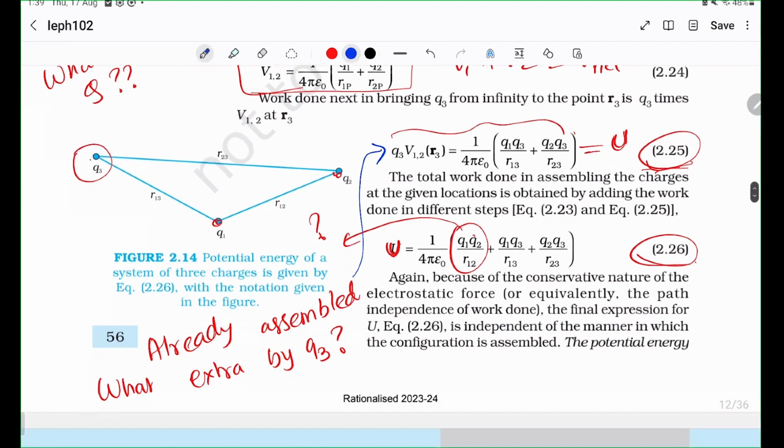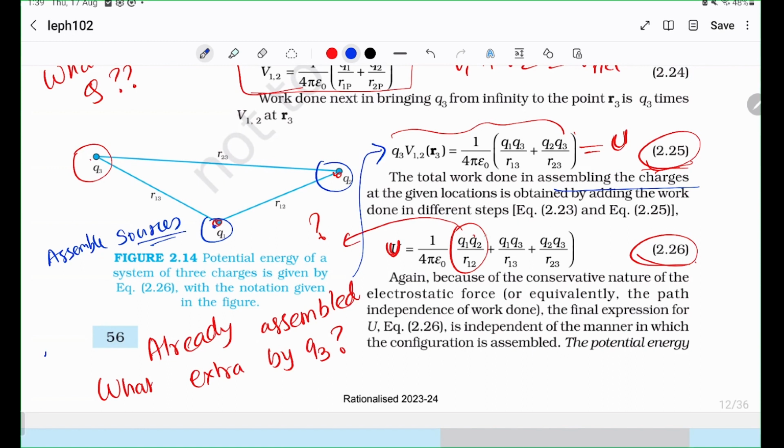However, if you're asked how much work is done or how much energy is required to assemble all of these charges, then you need to assemble this and this also, even though they're the source charges. That is, you have to bring the sources from some infinite distance away. For doing that itself, you need some work, right? You need some energy.